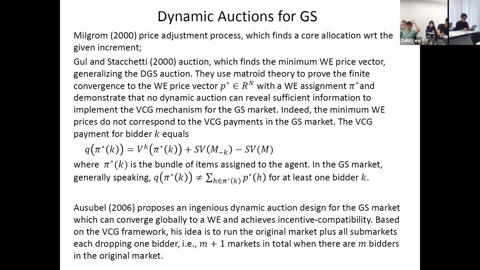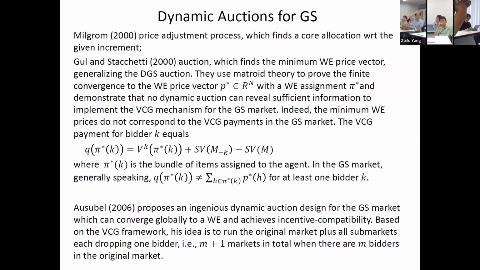Okay, so then, sorry, I missed your statement. What do you mean when you say no dynamic auction reveals sufficient information to implement the VCG mechanism?